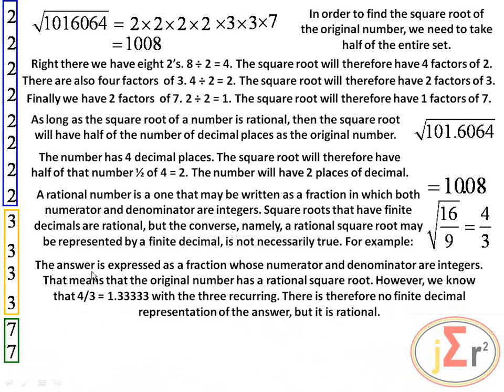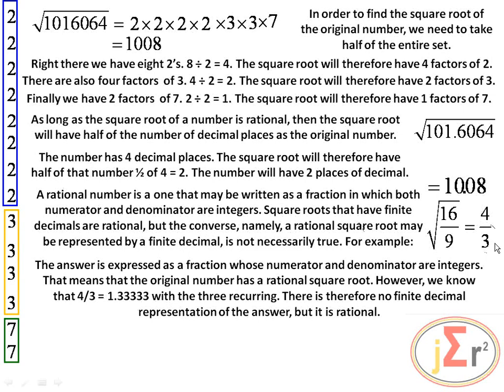The answer is expressed as a fraction whose numerator and denominator are integers. That's the answer. Numerator is an integer, denominator is an integer. What we are saying is that it is rational. That means that the original number has a rational square root.